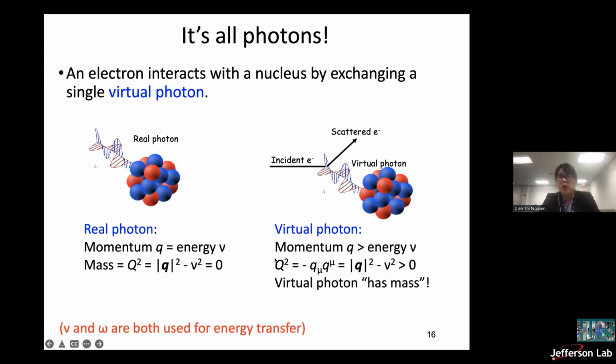So when we calculate Q squared, equal to the square of this four-momentum transfer vector, the value is larger than 0. So it's very much like the virtual photon has mass. That is different from the real photon, which has zero mass. That is something to pay attention to when you hear about the virtual photon.